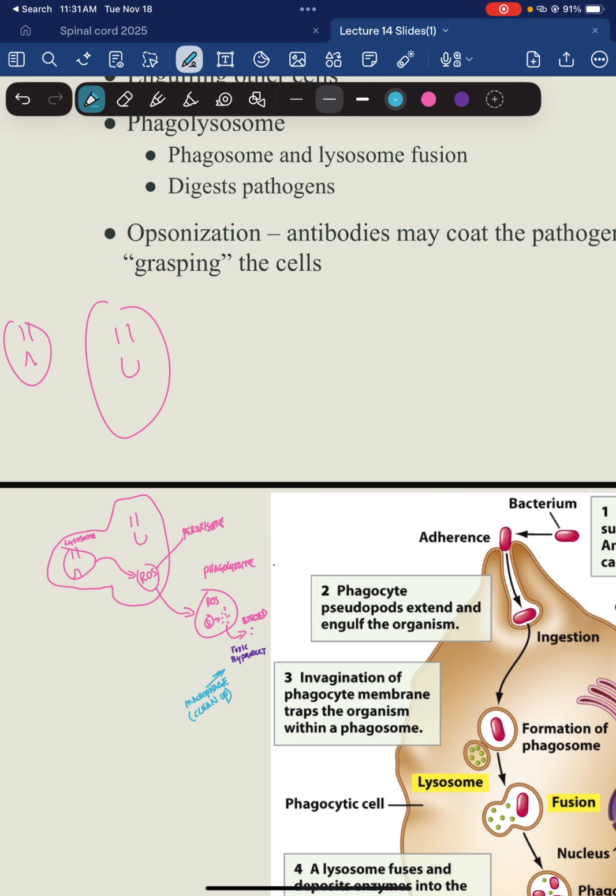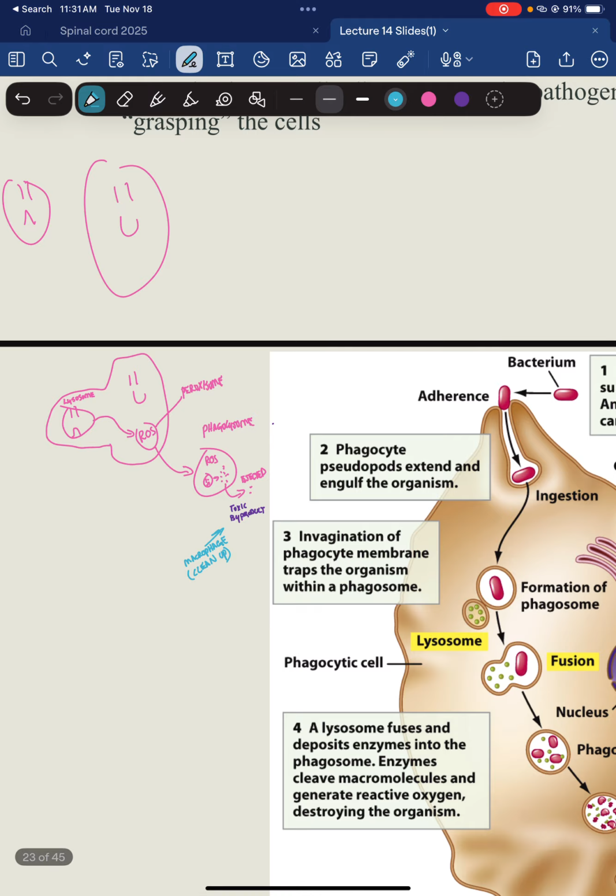A capsule is probably the best example. So let's say this guy has a capsule. And that capsule prevents us from capturing it. Capsule. All right, so he tries to grab it, just slips away. Tries to grab it, slips away.